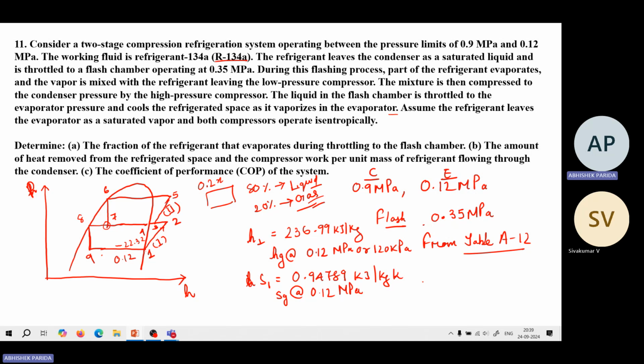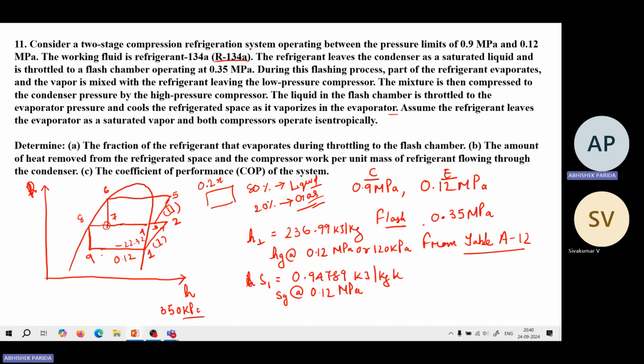Now 1 is done. How to find out 2? For 2, you need to find out the pressure here. The pressure is 350 kilopascal. Now at 350 kilopascal, if you refer to the table, the values are not given. After 320, it is 360.